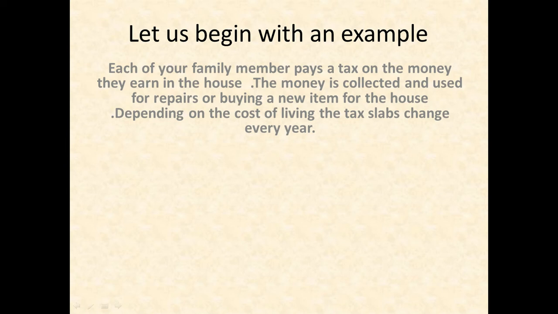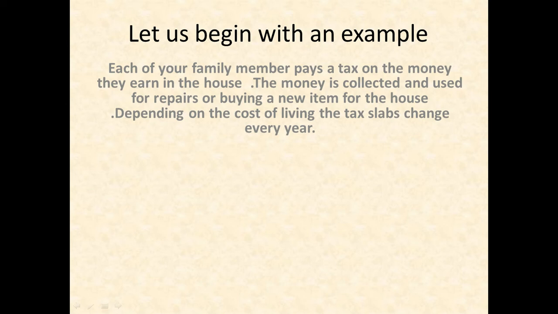Now, depending on the cost of living, these income tax slabs change every year. This is something that happens with the government also. All the money that people earn and the tax that they pay is used for improving the country's facilities, like building roads or providing better facilities.